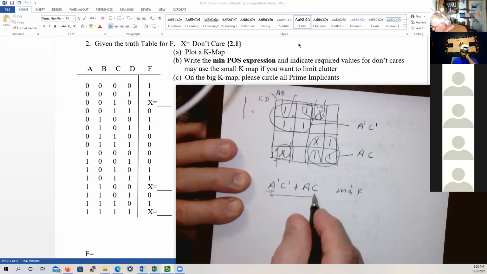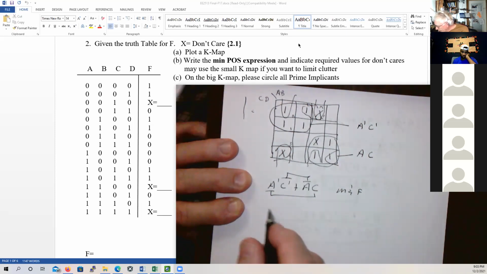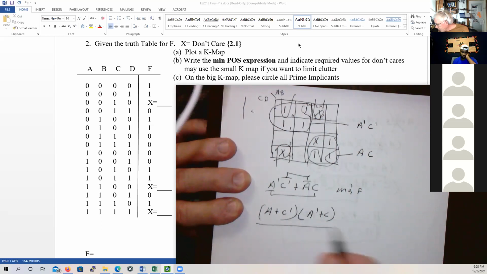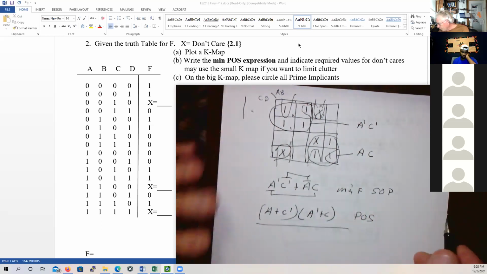So we'll just do this, and that's going to give me A plus C prime quantity times A prime plus C. So that's the POS solution. This is the SOP solution.